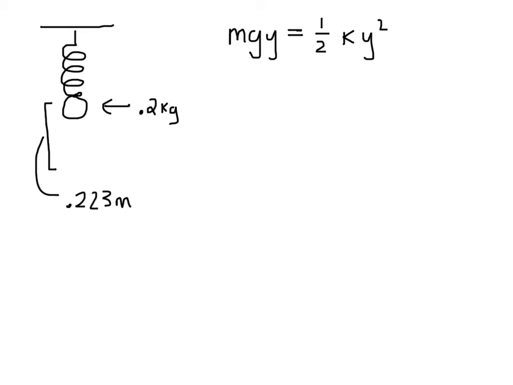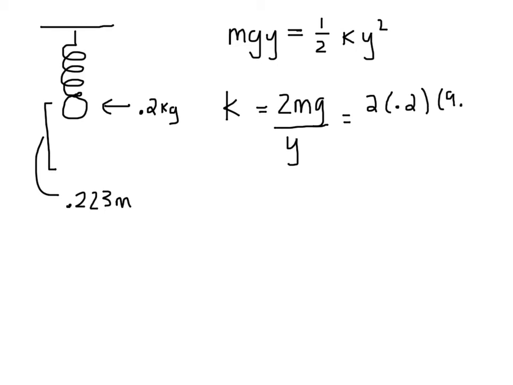Multiply both sides by 2, divide by y, and I get k is equal to 2 times m times g, all divided by y.